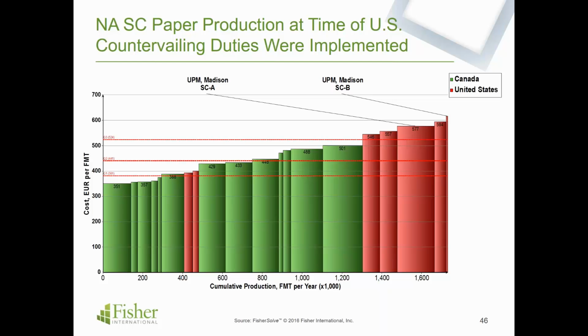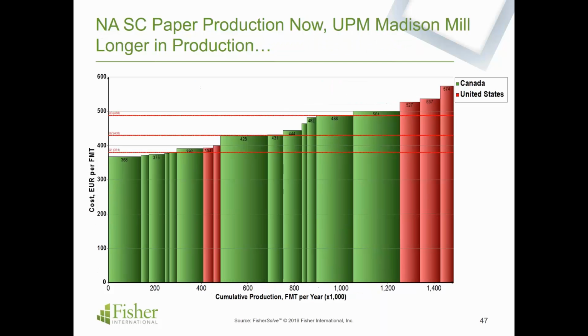And here we can see a country level comparison by grade, by mill site. Each bar represents a grade and mill site, and we can see that UPM Madison at the time these countervailing duties were implemented was highest cost, and there was some 1.8 million tons produced.